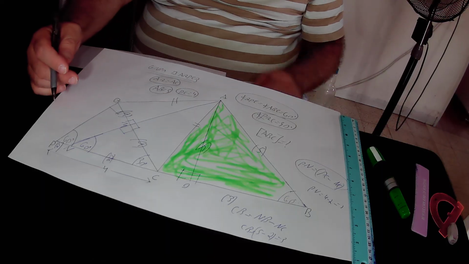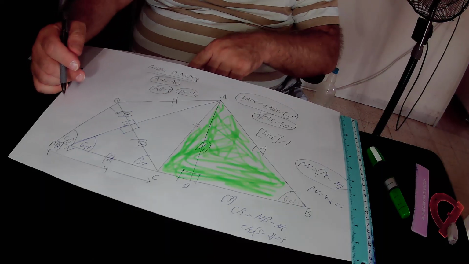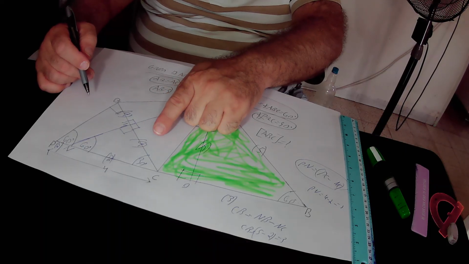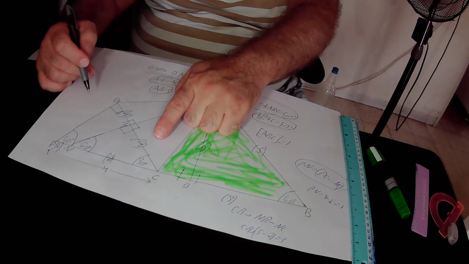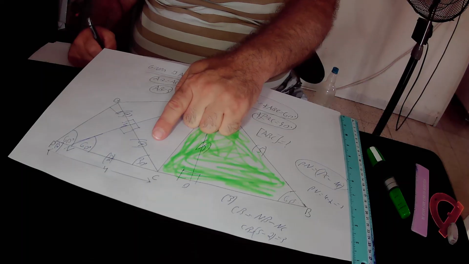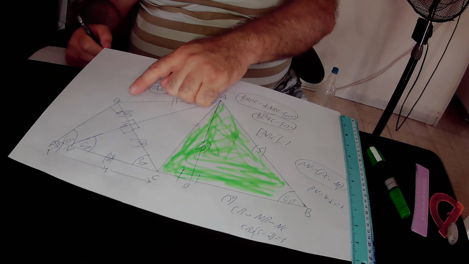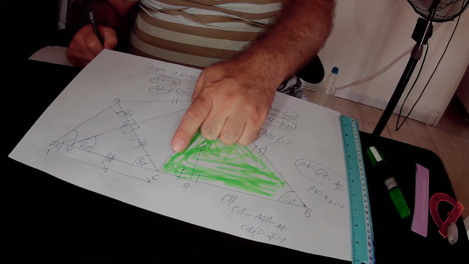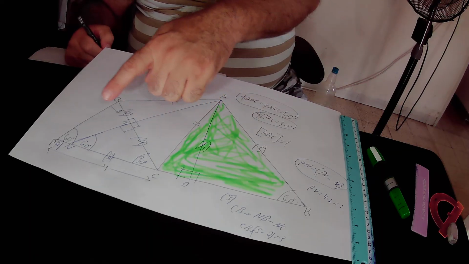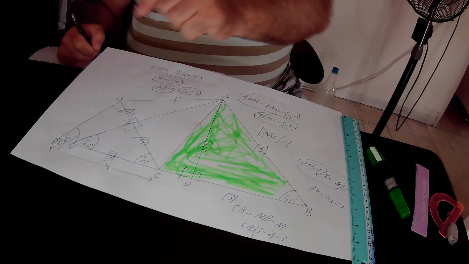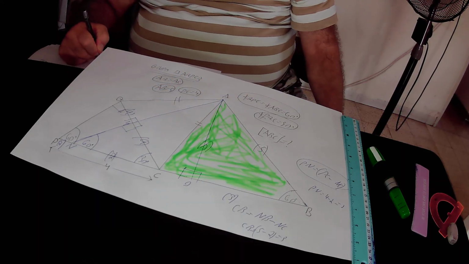Because again, we have side MC of the small right triangle MNC over side QC of the big right triangle QPC is equal to side MN of the small right triangle MNC over side QP of the big right triangle QPC.